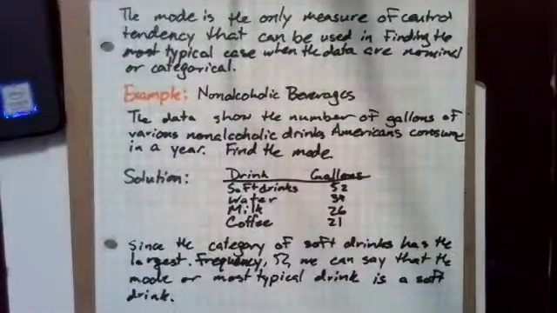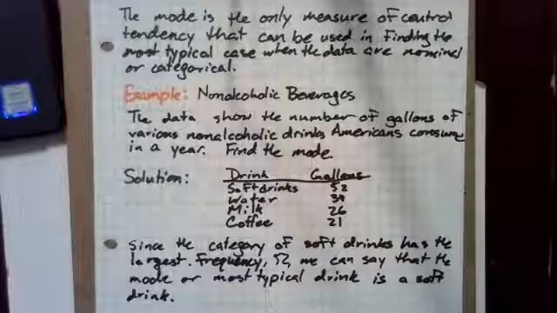The mode is the only measure of central tendency that can be used in finding the most typical case when the data are nominal or categorical. So in this example, we'll look at non-alcoholic beverages. The data here show the number of gallons of various non-alcoholic drinks Americans consume in a year, and we want to find the mode.